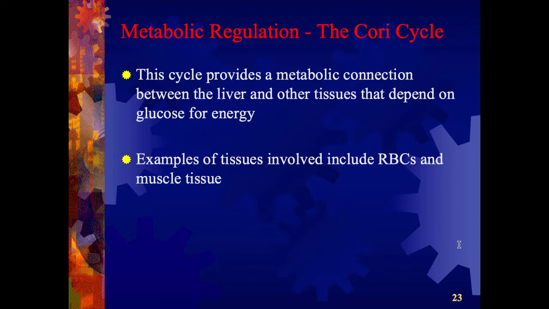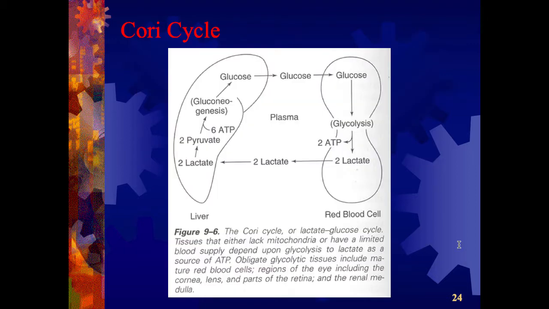This cycle provides a metabolic connection between the liver and other tissues that depend on glucose for energy. The examples of tissues involved include red blood cells, muscle tissue, and the liver. So here's the diagram showing the Cori cycle. The left side is the liver, and the liver can do things that other tissues can't, including make glucose.